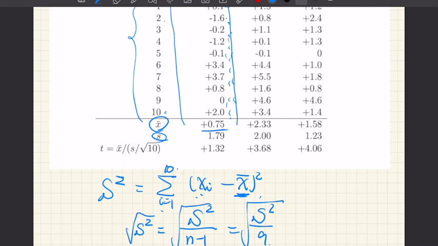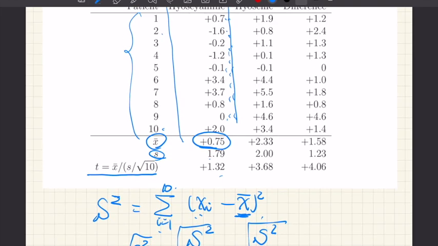So if you do this and take the square root, you should have 1.79 here. So using this, you calculate the T statistic by this. Divide this value by this value divided by square root of 10. Okay, don't confuse this 10.